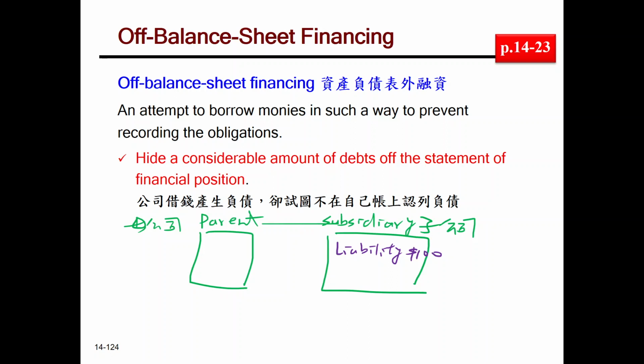Okay. But in accounting, we know parents could control their children, right? Parents could control the subsidiary, ask the subsidiary to do anything. So right now, you should combine two financial statements into one.